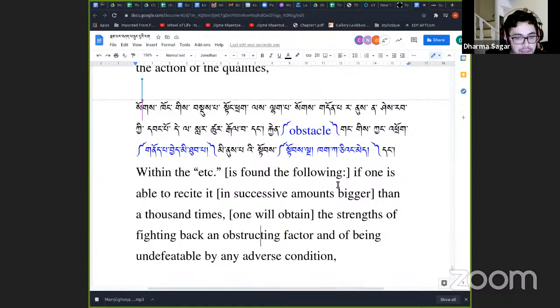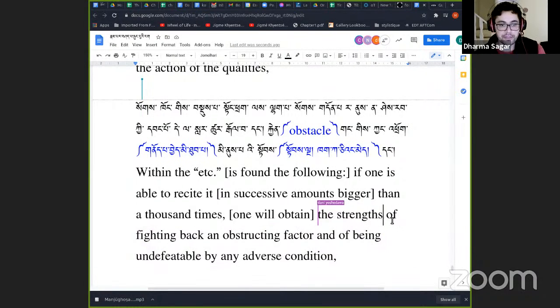And so here, she was saying that actually the strengths here are not any different from the five faculties that we have seen up here. It's just that these faculties are increasing in intensity, so they become strengths.